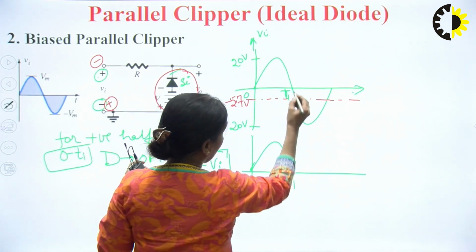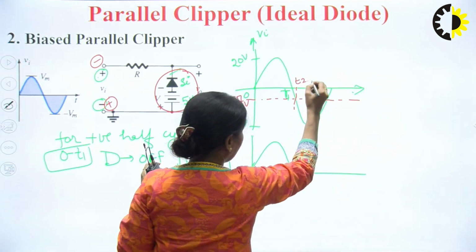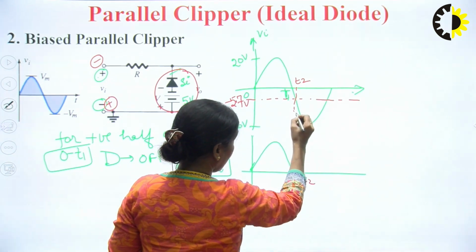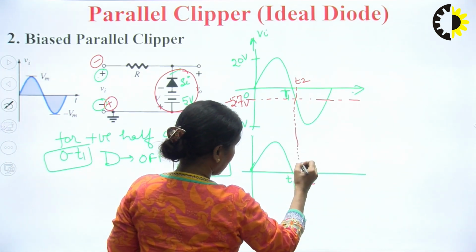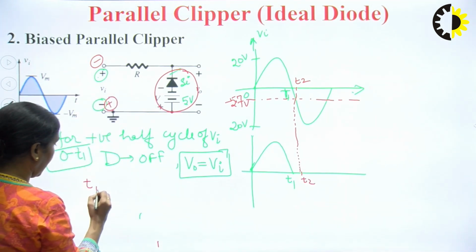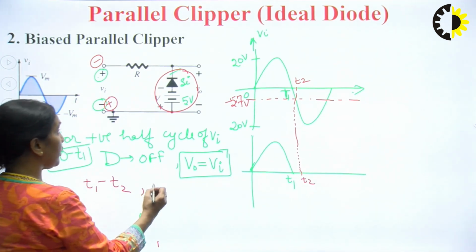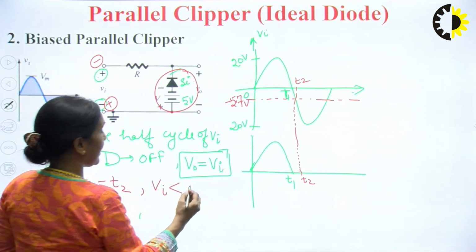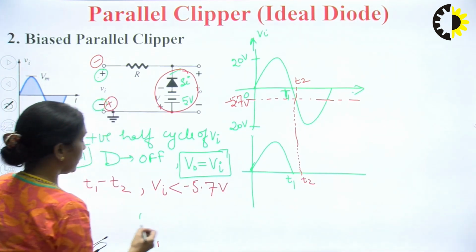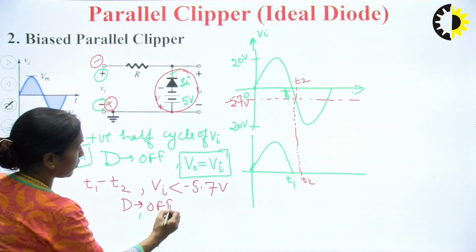So I can say that during the time period T1 to T2, so let's say this is your T2, because your Vi is less than minus 5.7 volts, the diode is off.